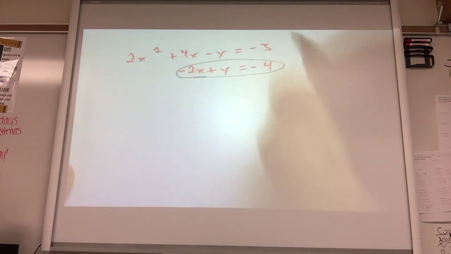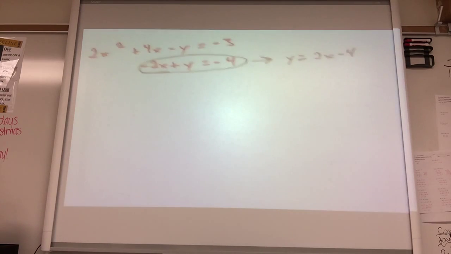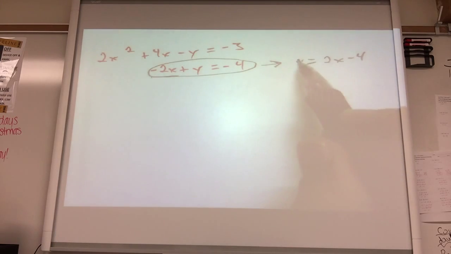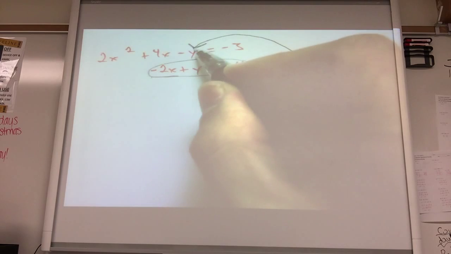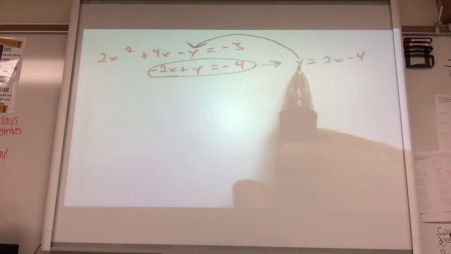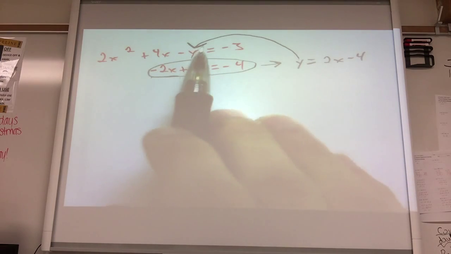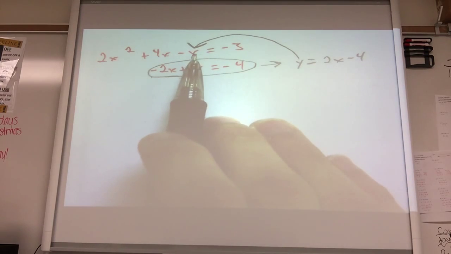So I'm going to end up having y equals 2x minus 4. All right, so having solved this, I'm going to go ahead and plug in, or substitute, that's why it's called solving by substitution, the equation where it says what y is. It says y is 2x minus 4. And instead of writing y here, I'm going to write 2x minus 4.